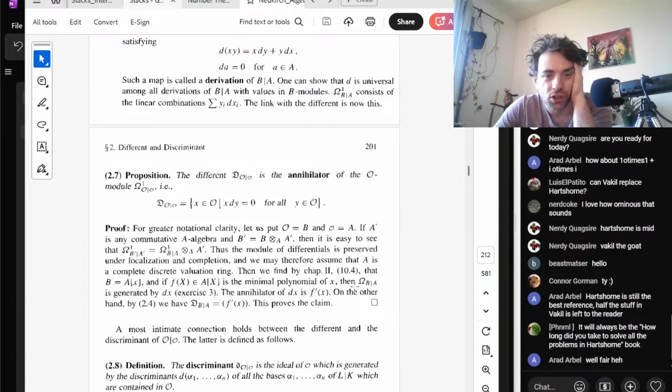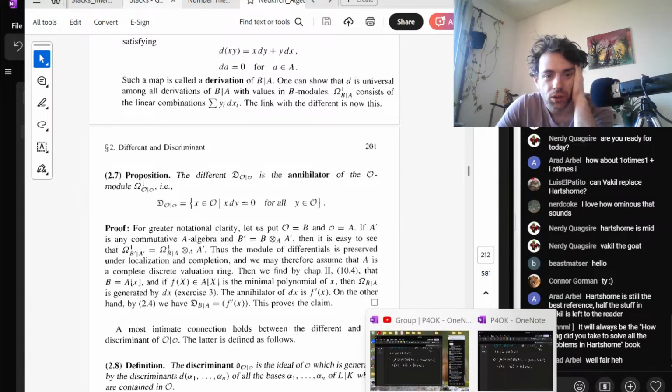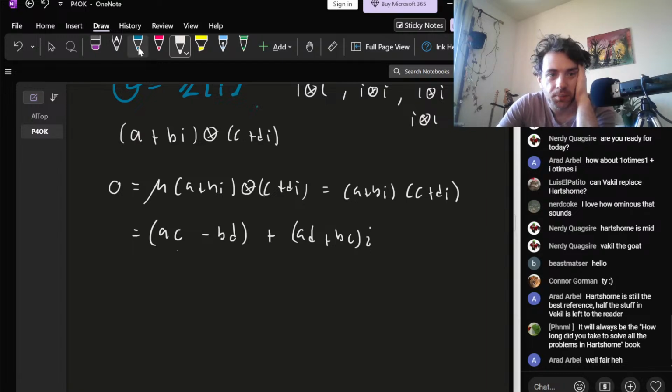But let's just trudge ahead boldly and look at the annihilator. I mean, the annihilator has to be everything, though, right? The different. Maybe that's fine. So the different has to be the annihilator.